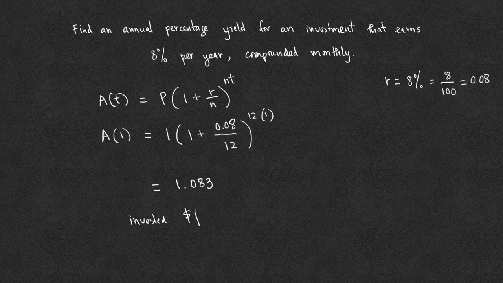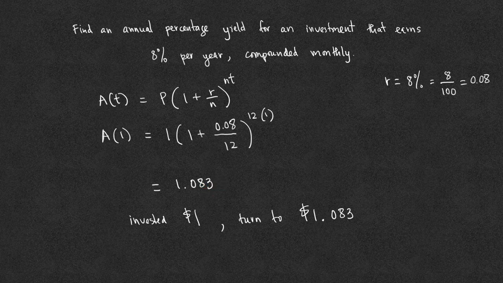Now, we invested $1 at the beginning of the year, and we turned that $1 into $1.083. Now, if we were to invest $100, we would turn that into $108.30.